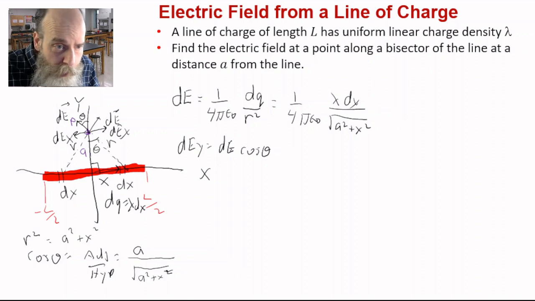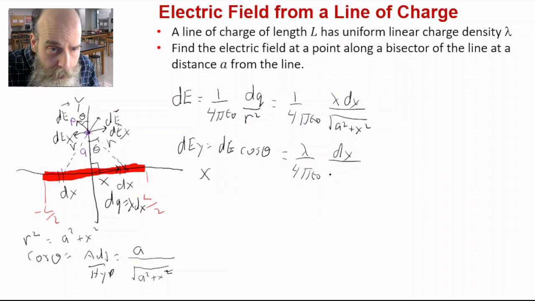So let's put both of these things, the cos theta and the dE, into our expression for dEy, and we get lambda over 4 pi epsilon 0 times dx over square root a squared plus x squared.